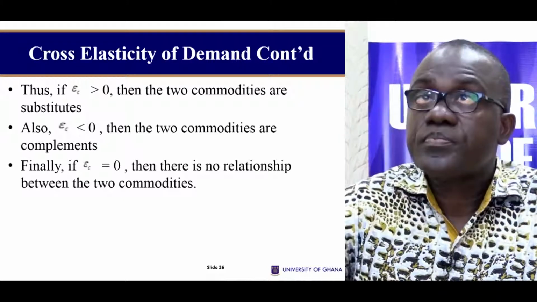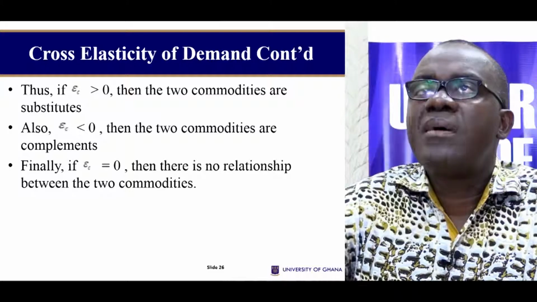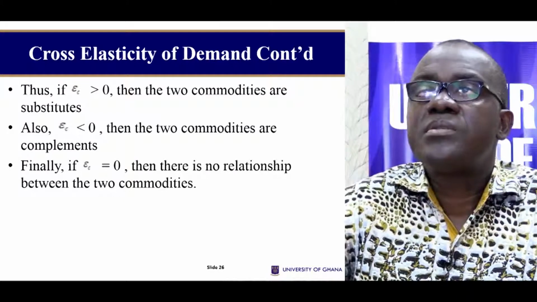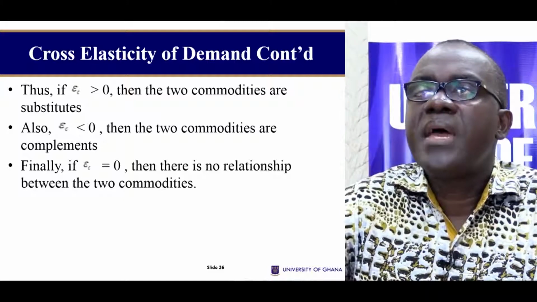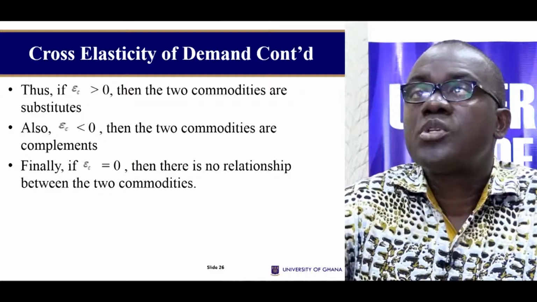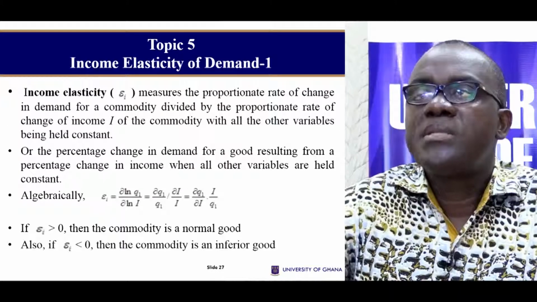Now, when you have the cross elasticity greater than 0, you have substitutes here, and then we have complements here, and when it's equal to 0, it suggests that there is no relation between the two commodities.